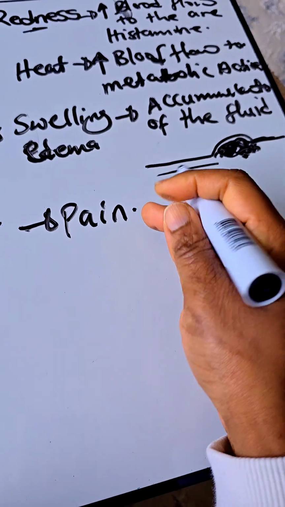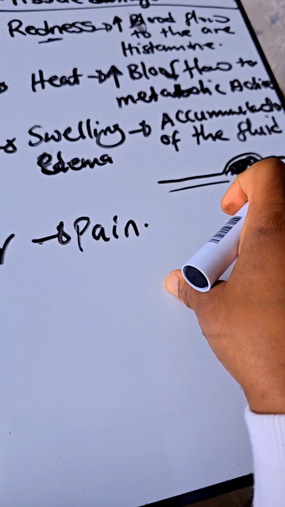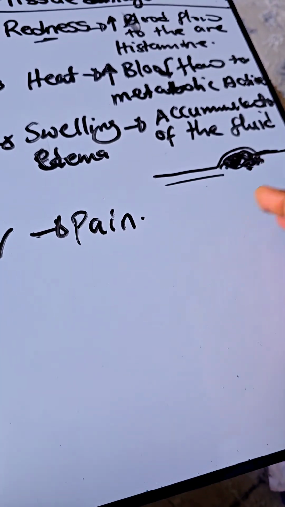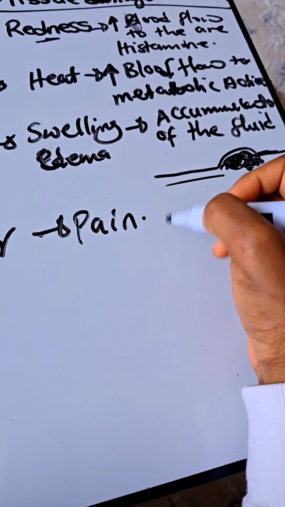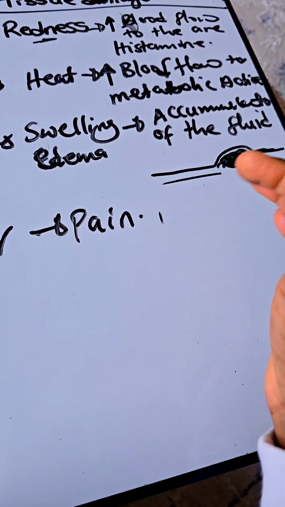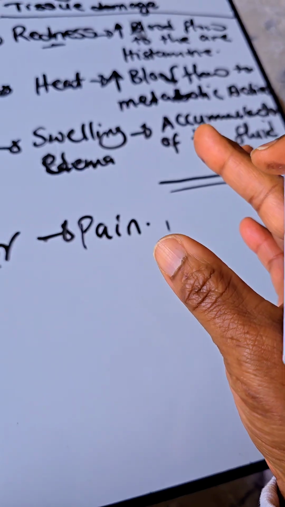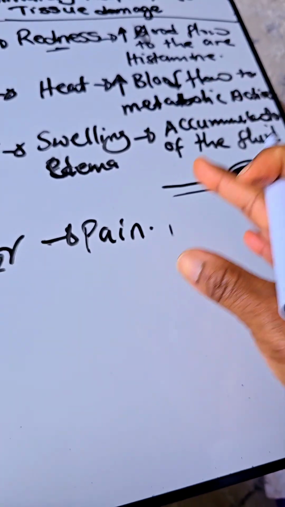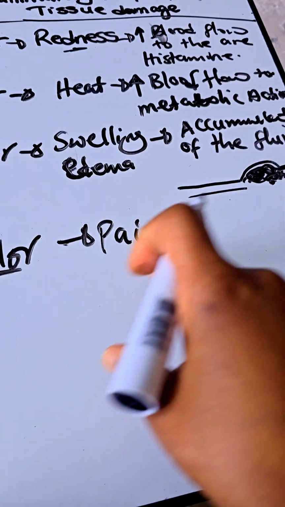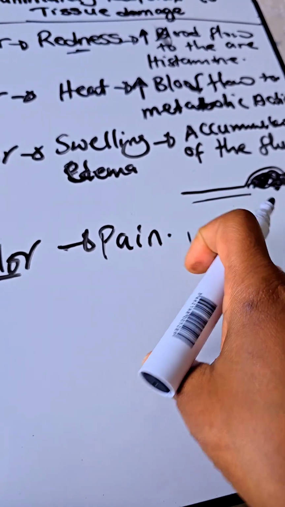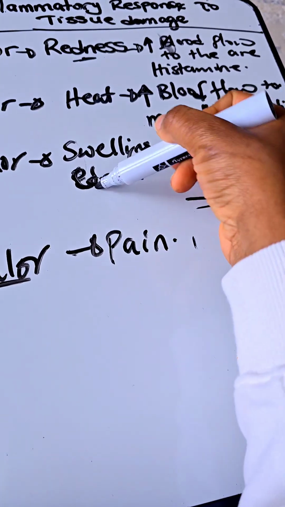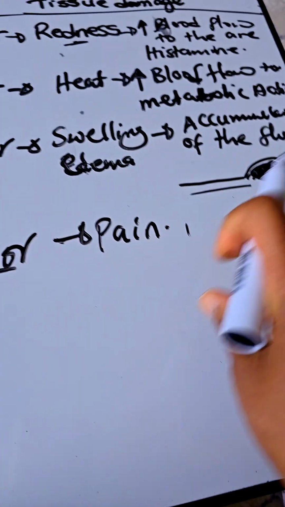Pain occurs due to the actions and interactions of prostaglandins and bradykinin. What the prostaglandins are doing is helping reduce the threshold of pain, thereby making the tissue around that area more sensitive to the swelling, heat, and redness, causing pain.